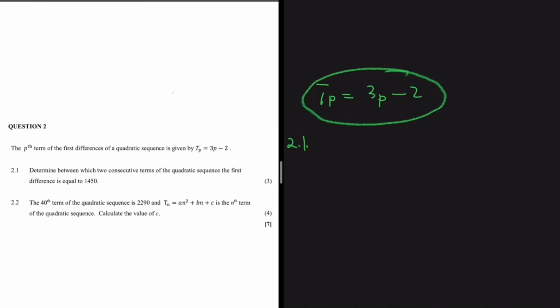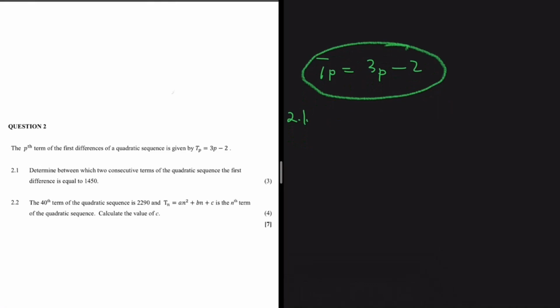So let's say, for instance, we had a quadratic sequence with terms 1, 4, 9, 16, right? And then let's find the first differences. We're just using this to make an example, right? 4 minus 1 is 3, and then 9 minus 4, that is 5, and then 16 minus 9, that is 7, and then 5 minus 3, that's 2, and then 7 minus 5 is 2, right?